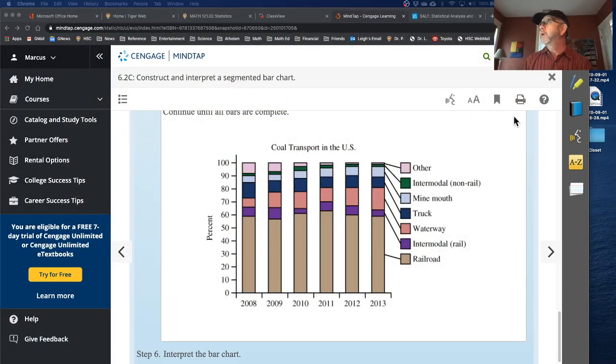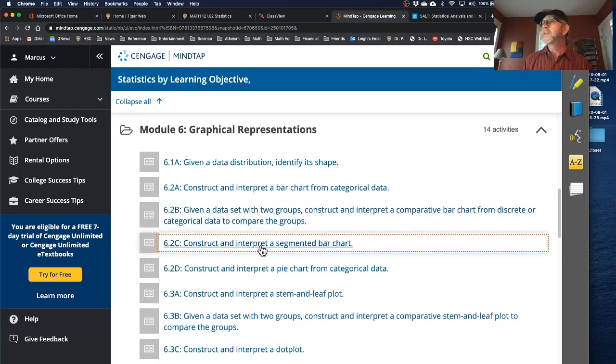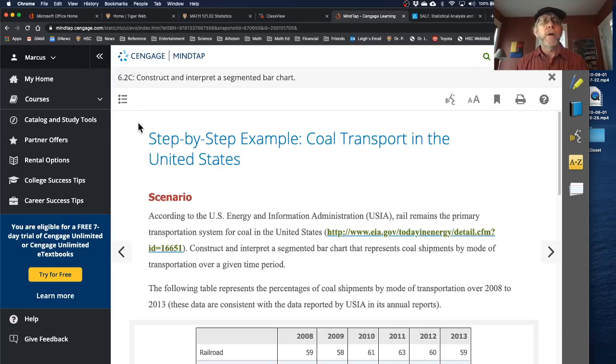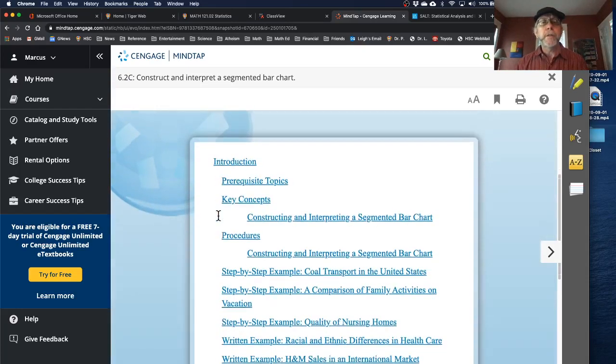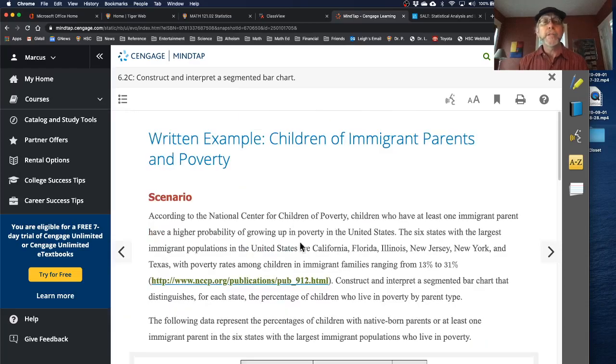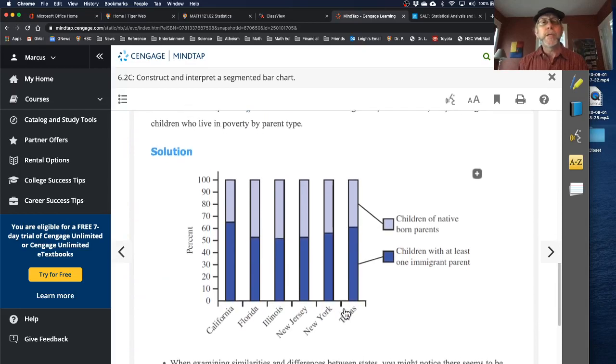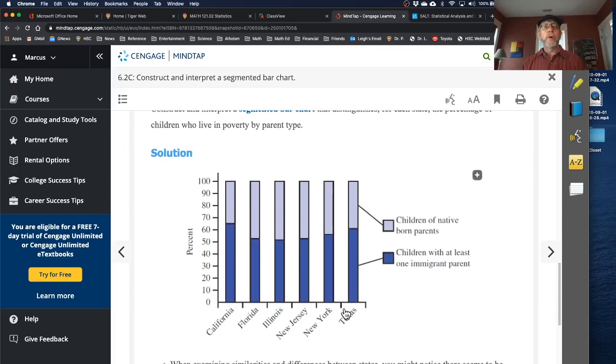I wanted to look at one quick other example before we wrap this one up, and that's still in the segmented bar chart section. So let me find it. Bear with me. Children of immigrants and poverty. Let me just skip to the bar chart here.